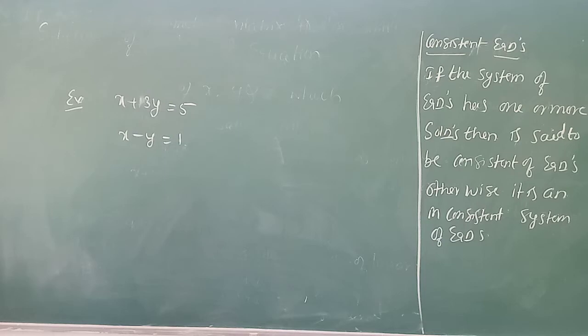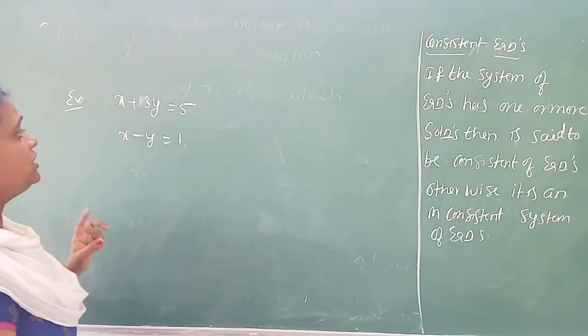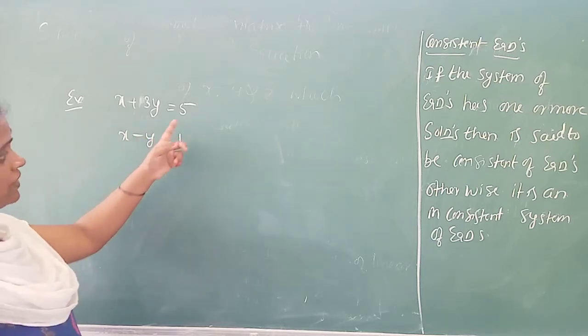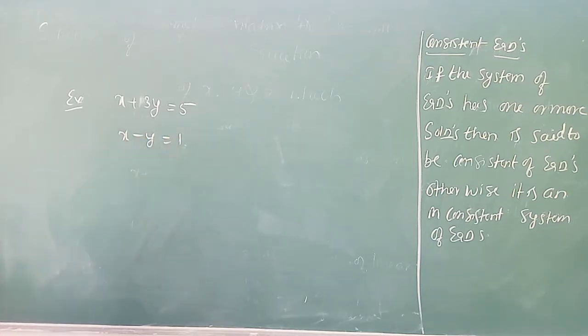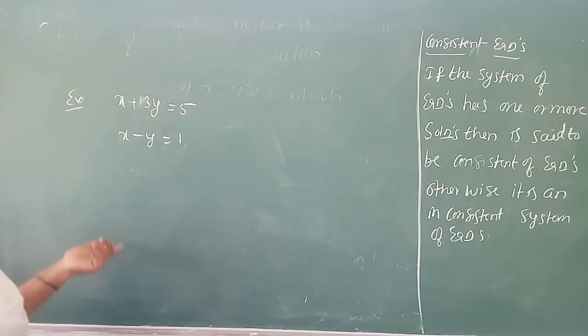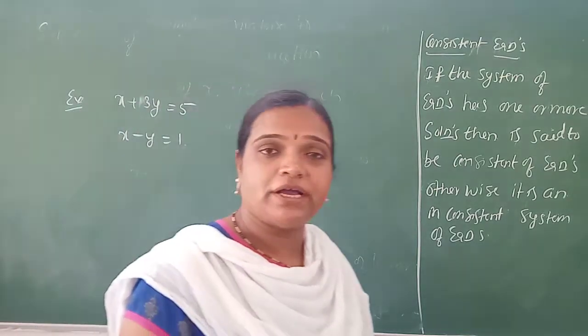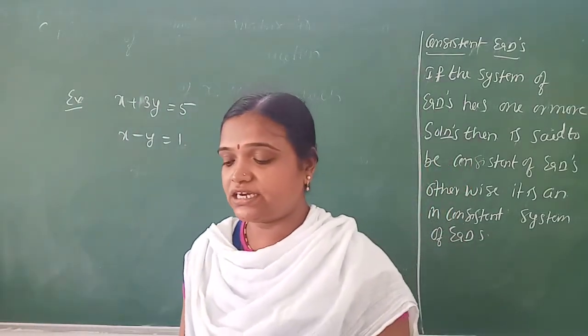These two are the equations and we have to substitute the values of x and y simultaneously so that it satisfies 5 as well as 1. Tell me those values. We can calculate by using the solve by matrix method, as we have already studied.